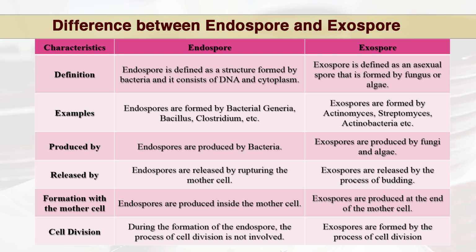Endospores are formed by bacterial genera such as Bacillus and Clostridium, and exospores are formed by Actinomycetes, Streptomyces, etc. Endospores are released by rupturing the mother cell, whereas exospores are released by budding. Endospores are produced inside the mother cell, whereas exospores are produced at the end of the mother cell.